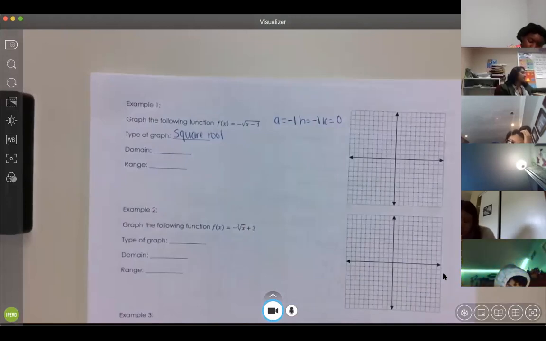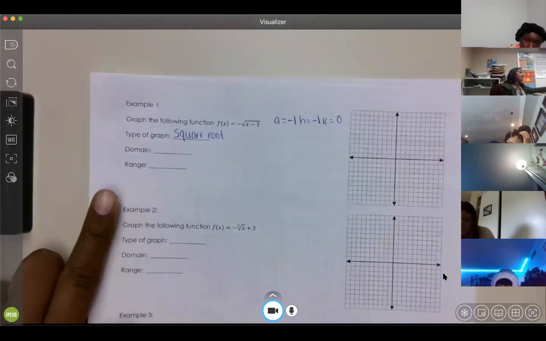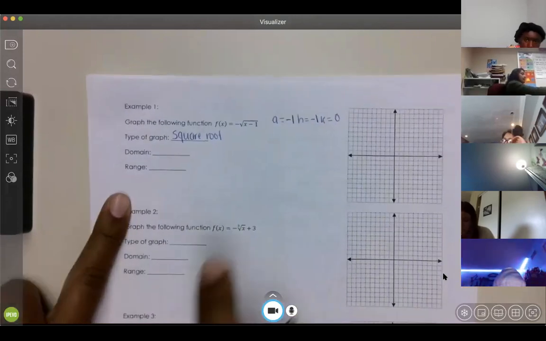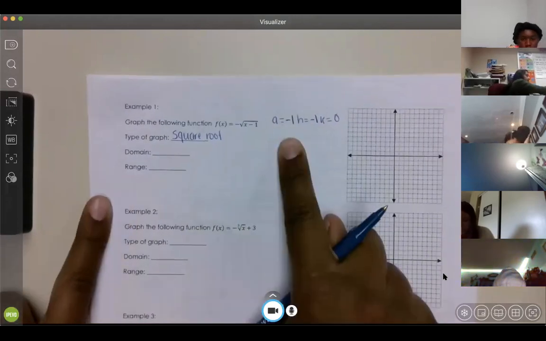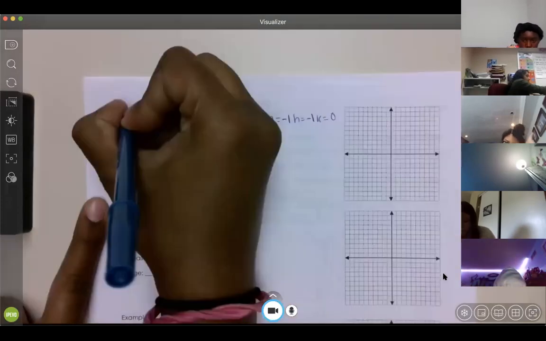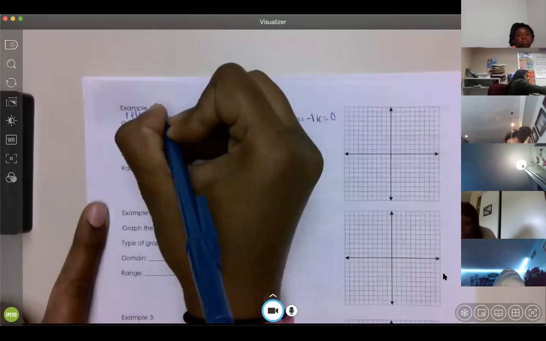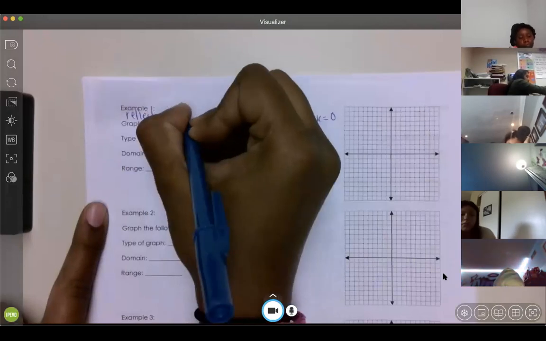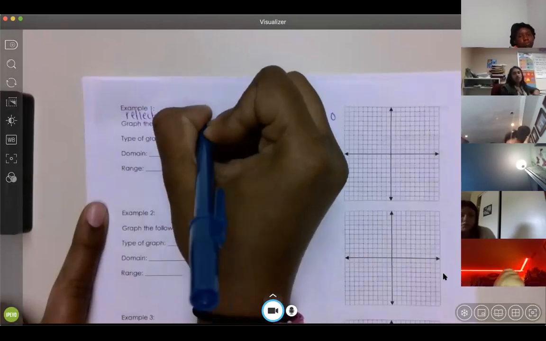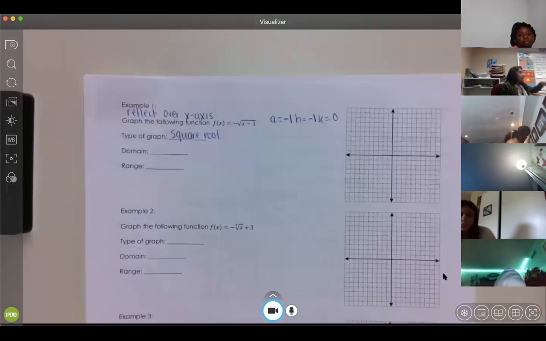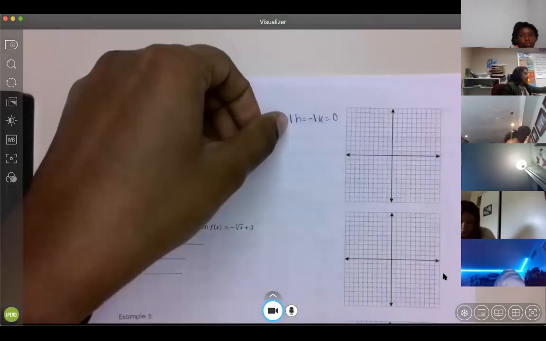All right, so when we talk about how this affects our graph, the a value, if it's a negative, it means that it's reflecting over the x-axis. And then we forget about the positive and negative and we just look at the number.